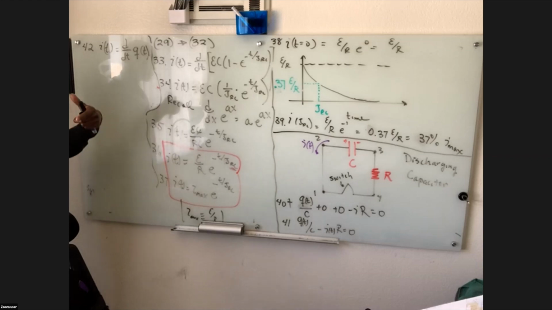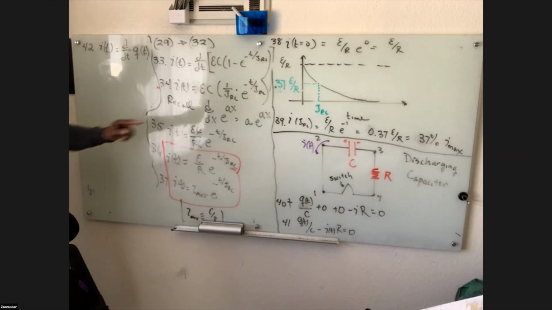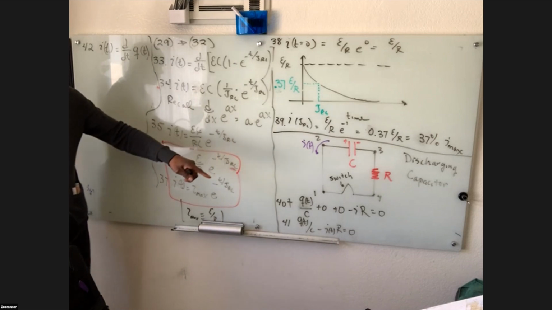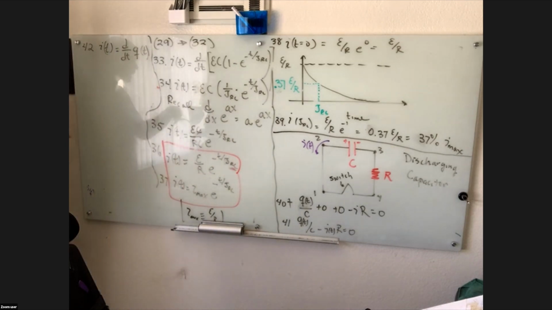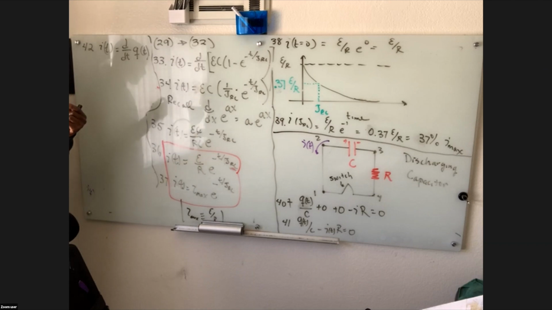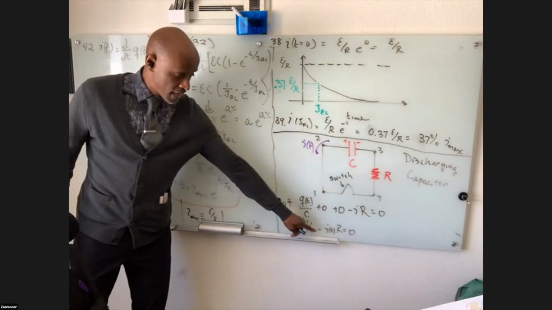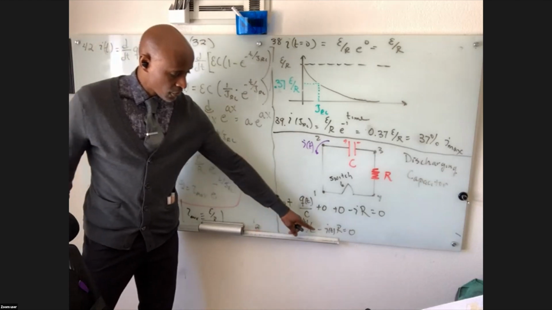So if we assume that the clockwise orientation was positive, then this current now is actually negative. The value of the current is negative. Now this negative sign is not the one associated with Kirchhoff's rules.